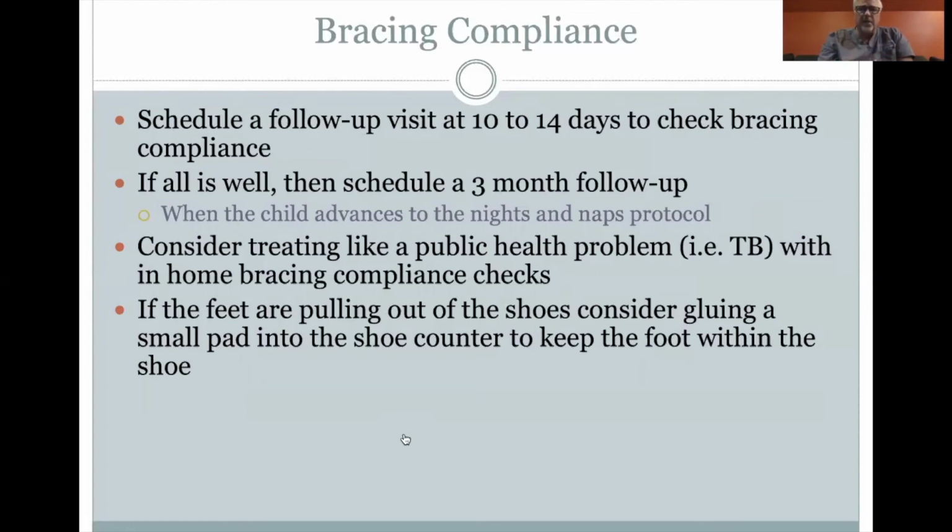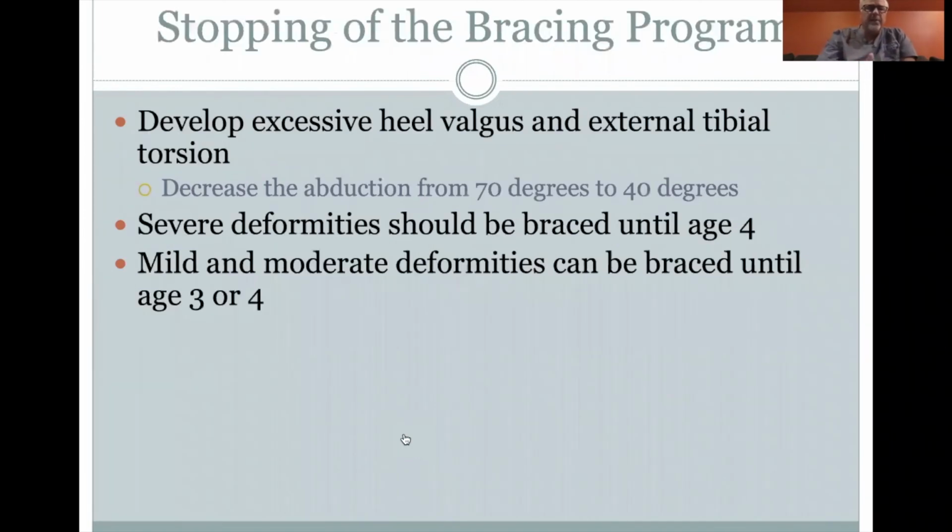If you notice the heel starting to come up, you can use a little U-shaped pad, upside down, in the shoe counter to help seat the heel down into the shoe if need be. If they're starting to develop excessive heel valgus or external tibial torsion, you can decrease the abduction from 70 degrees down to 60 or 40, something like that.